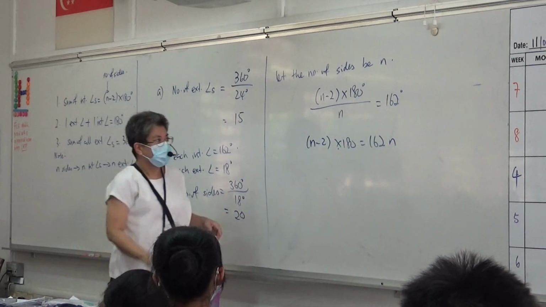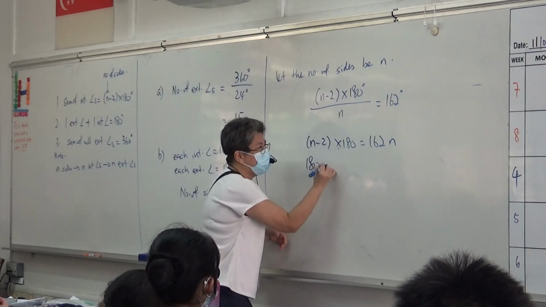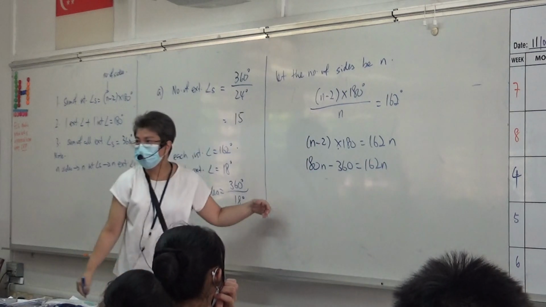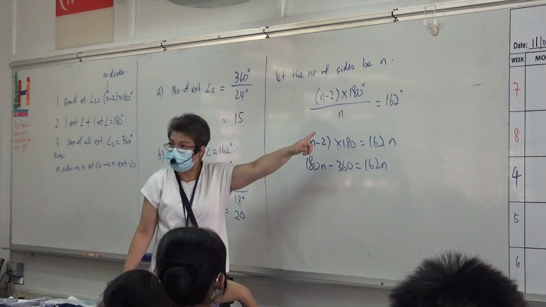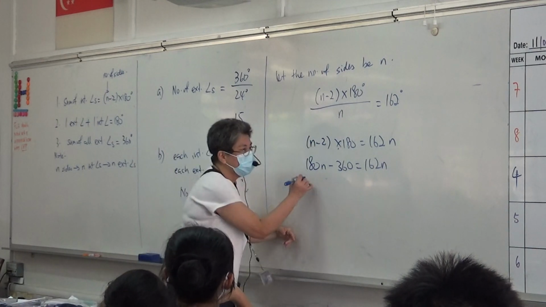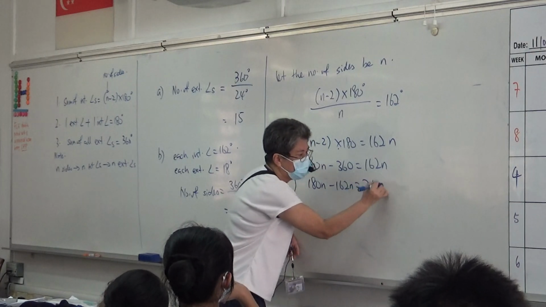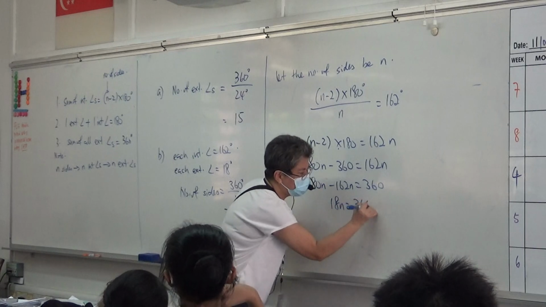Now, this one is 180n minus 360 is 162n, correct? I must multiply each and every one. Remember your expansion from algebra? So 180n minus 162n is 360. Can you see I get 18n equals 360?